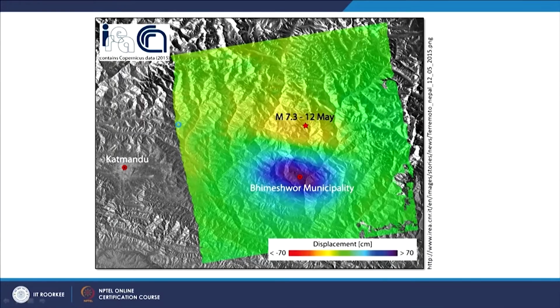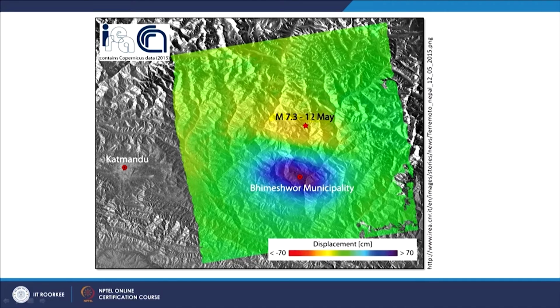A lot of outputs or presentations people make always keep a shaded relief model in the background, like done here also in the case of SAR interferometry based studies of ground deformations caused by an earthquake which occurred on 12th May in Nepal, of magnitude 7.3.